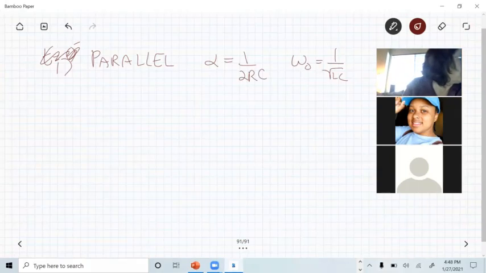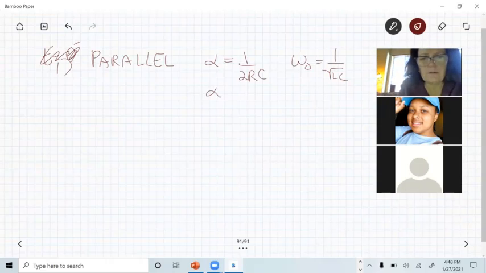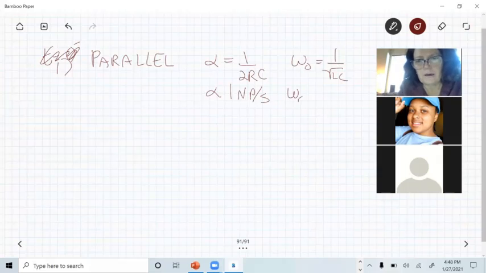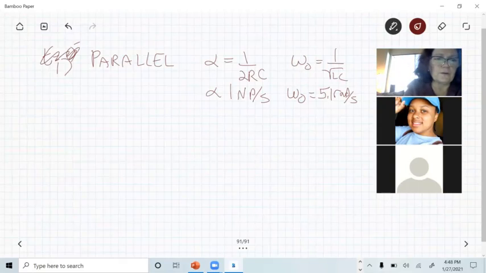We plug in the values that were given, and alpha comes up to be 1. And omega naught comes up to be 5.1 radians per second. We just ignore the fact the units are different. Alpha is less than omega naught, so this is underdamped.